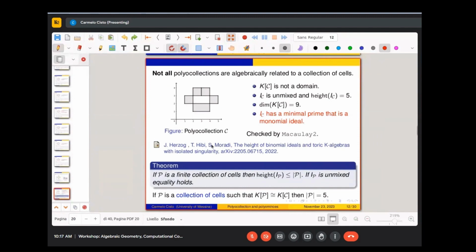This fact, together with a theorem by Herzog, Ibadula, and Moradi, tells us that a possible collection of cells whose coordinate ring is isomorphic to this polyomino collection has exactly 5 cells. So the possible collection of cells has to share this algebraic property.